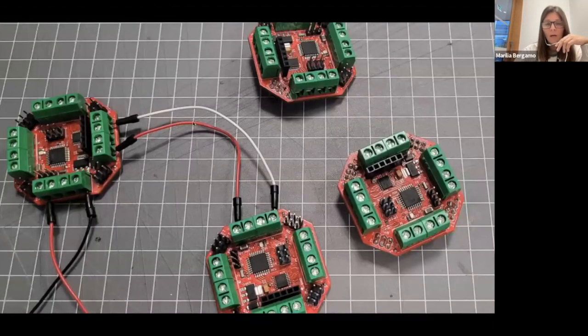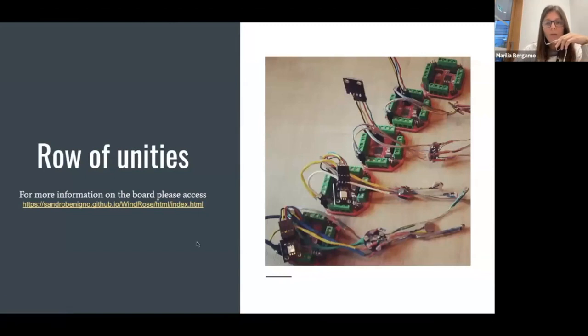Here is an image of the board, a real one. You can see the squares are centimeters, so it is around 5 centimeters, and this is the last one I've been assembling for my next project. The last project, the one I presented here, was created as a row of units where I put some actuators, like an RGB LED.